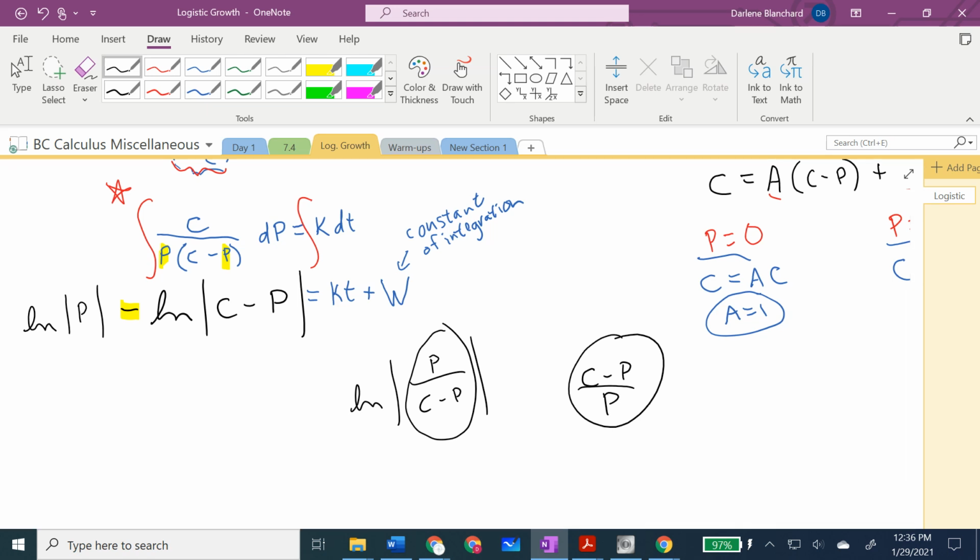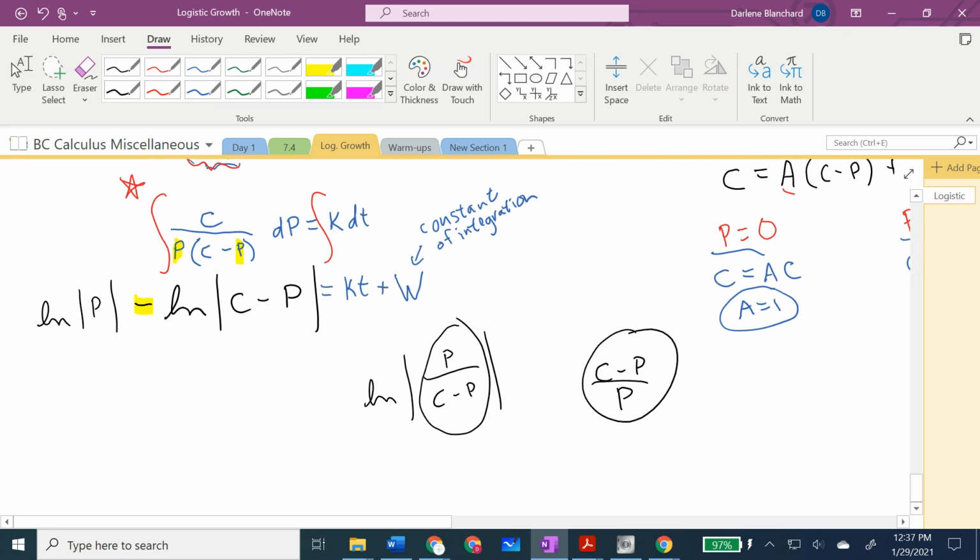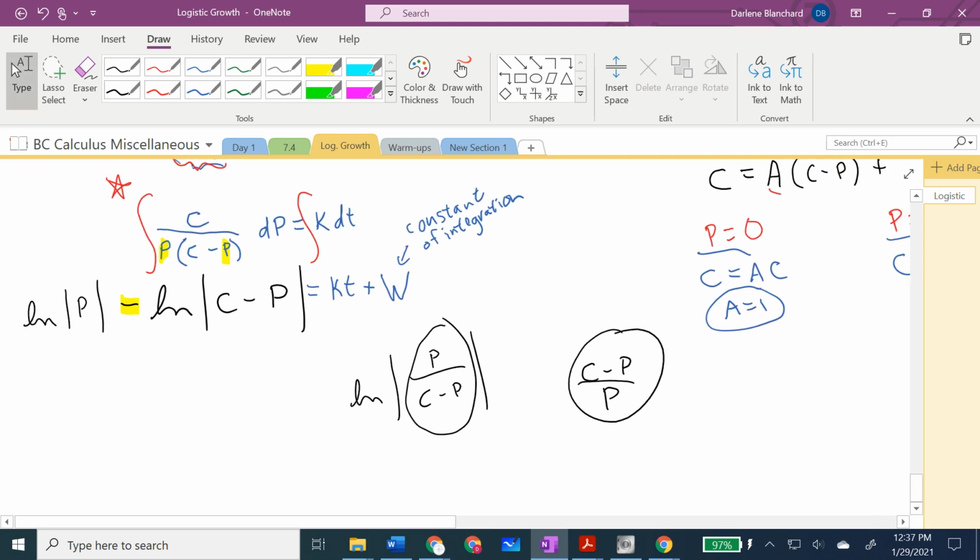So you can either reciprocate after condensing or multiply both sides by -1 first. And it's probably easiest to see the logical process if you multiply both sides by -1 before bringing the log rule in. So I'm going to erase that.